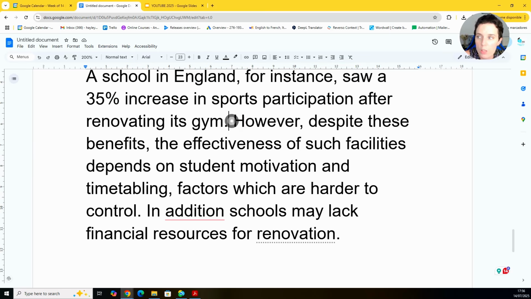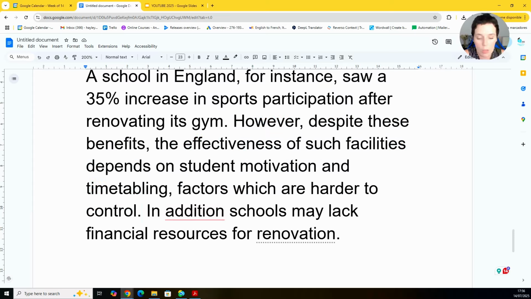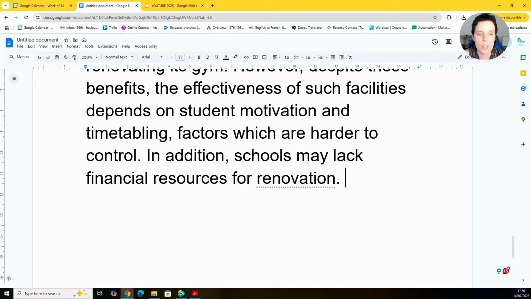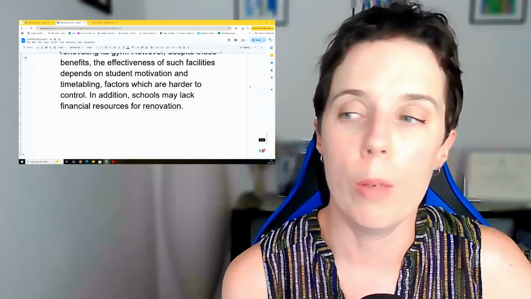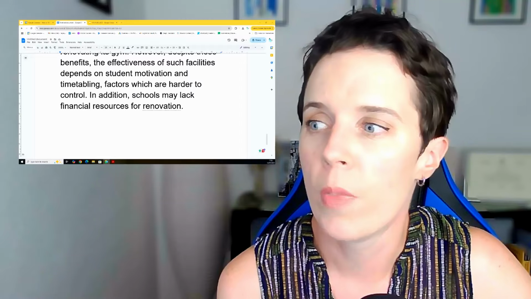However, despite these benefits, the effectiveness of such facilities depends on student motivation and timetabling, factors which are harder to control. In addition, I'm missing a comma there. Make sure you always put a comma after linking words. In addition, schools may lack financial resources for renovation. Okay, so there's my third paragraph, or my second body paragraph.